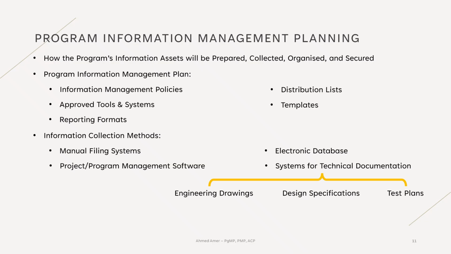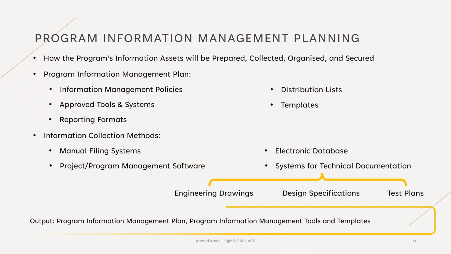Without a solid plan, information becomes scattered, outdated, or inaccessible. But with a solid plan, information becomes a strategic asset that supports decision making, governance, and benefits realization. Outputs of this activity include the Program Information Management Plan and the information management tools and templates the program will use.